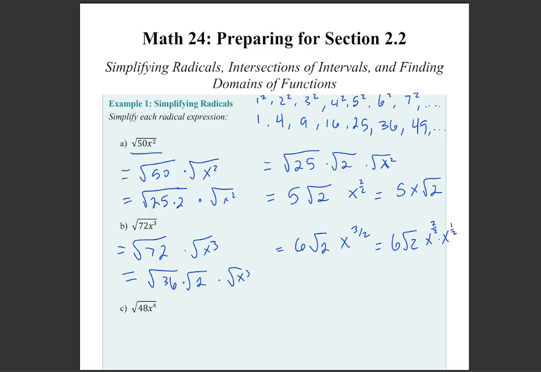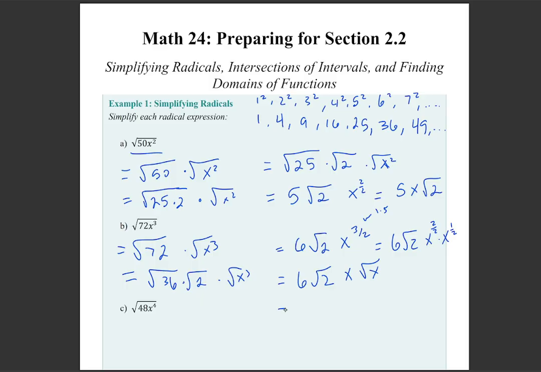Basically, I want to break off all of the even components I can out of that numerator in the exponent. And we might have an x to the 1/2 left over. Sometimes I like to think about it, okay, that's x to the 1.5, which means we have x to the 1 times x to the 1/2. Really, that gives us 6 root 2, x to the 1, we don't write the 1, and x to the 1/2, well, that's just square root x.